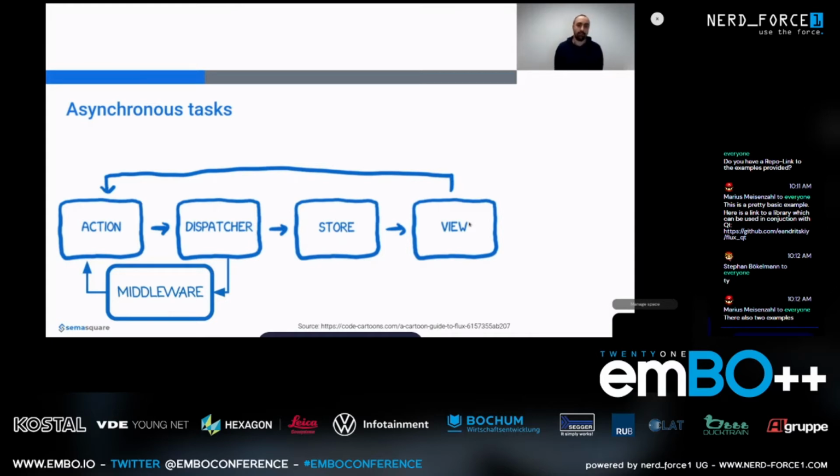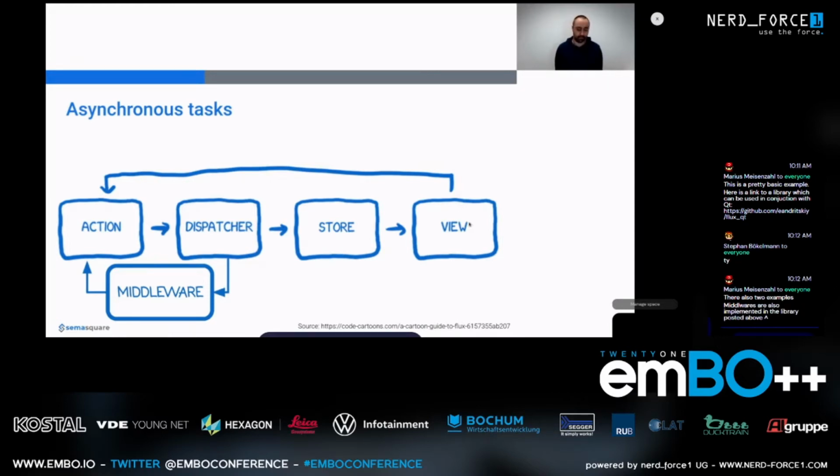Middlewares are also registered in the dispatcher, but they also have access to the dispatcher in the form of action creators. This allows asynchronous processes to be started by an action. And when the process is completed or there is progress, the middleware can again dispatch an action, which then flows through the application. This way, a clear data flow is also guaranteed in this case.